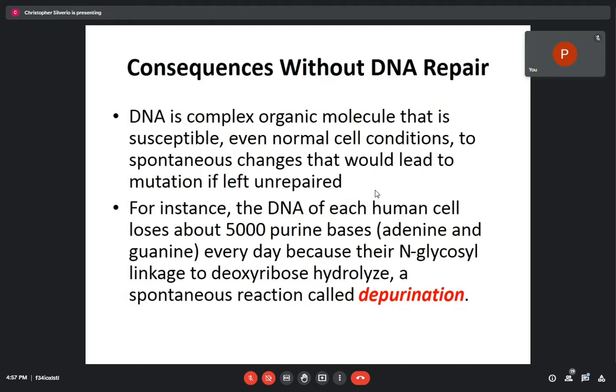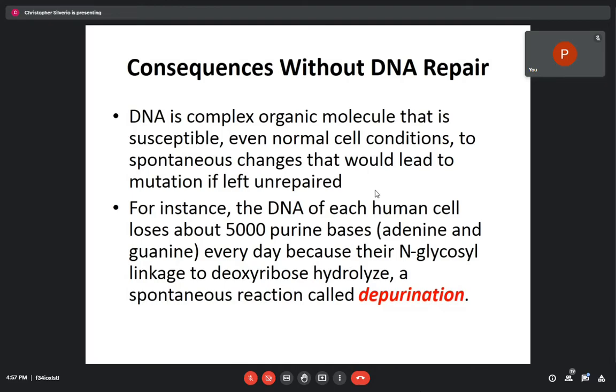An example of purine, adenine and guanine. Just imagine if adenine and guanine are removed from the nucleotide. So the nucleotide becomes a nucleoside.